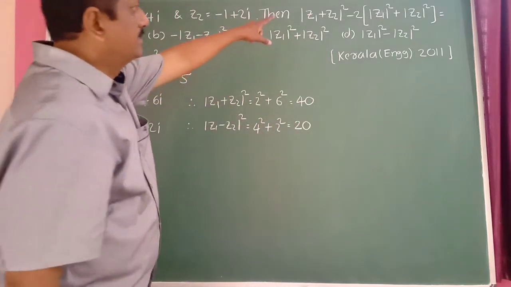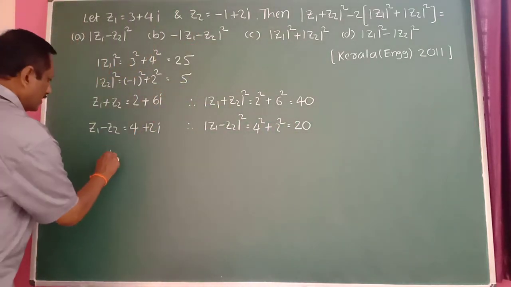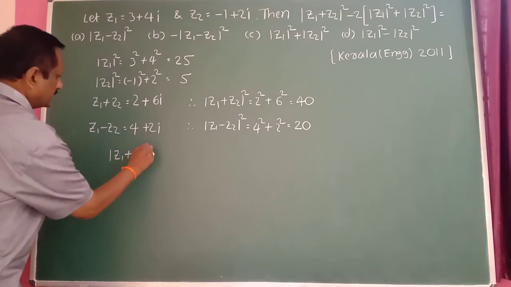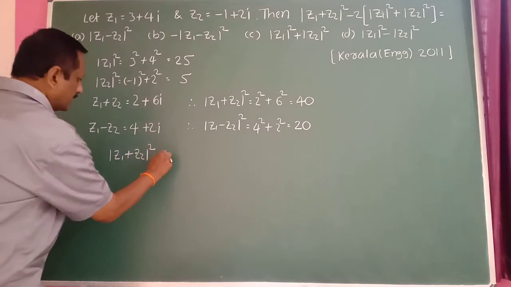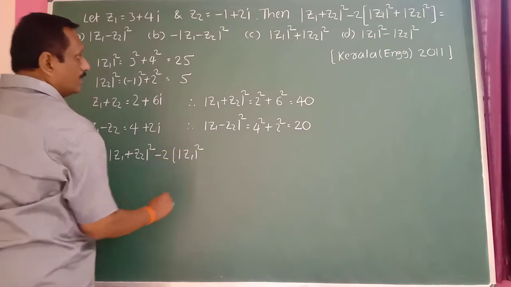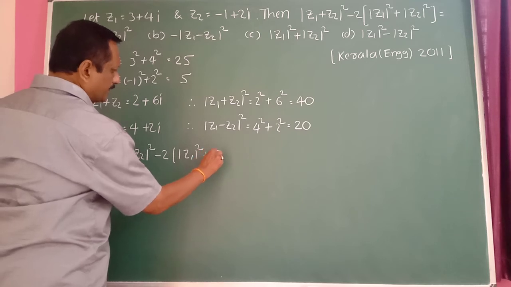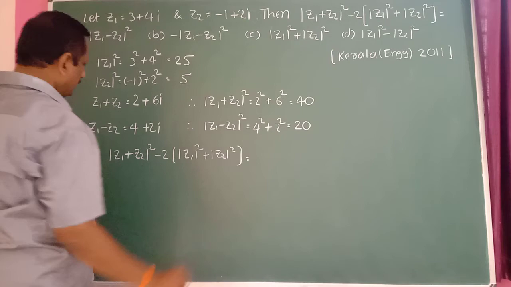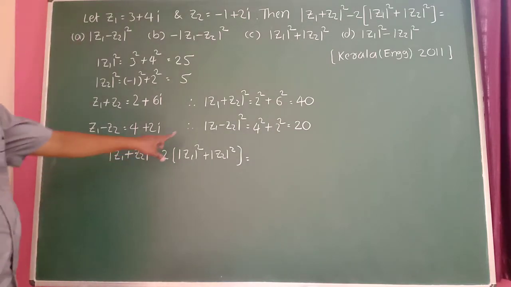Now use that formula, that result. Modulus of z1 plus z2 whole square minus 2 into (modulus of z1 square plus modulus of z2 square). Here modulus of z1 plus z2 whole square is 40.